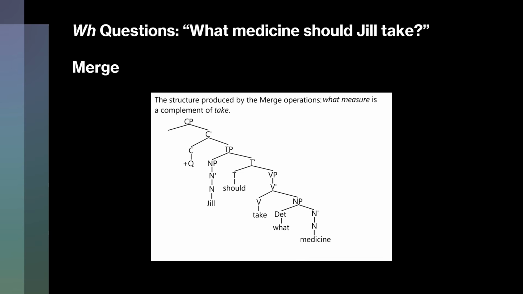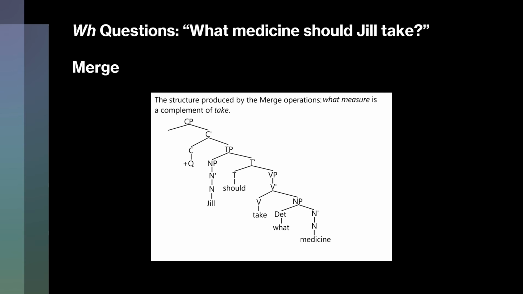So instead of saying, what medicine should Jill take, we recognize that our sentence would invert the subject and the first auxiliary. In this case, Jill and should are inverted. So we switch it to Jill should take. What should Jill take? What medicine? So we end up with Jill should take what medicine?